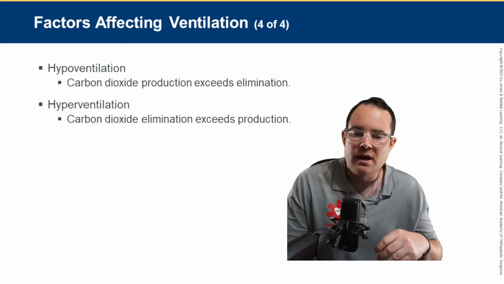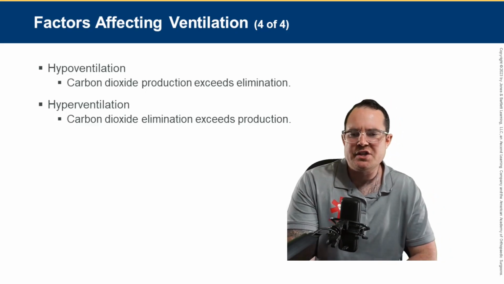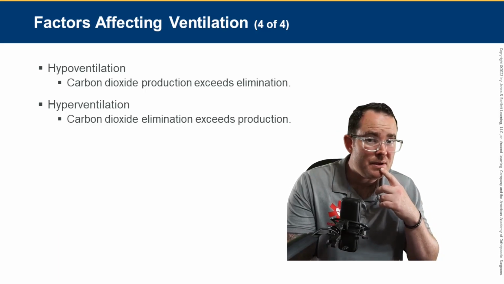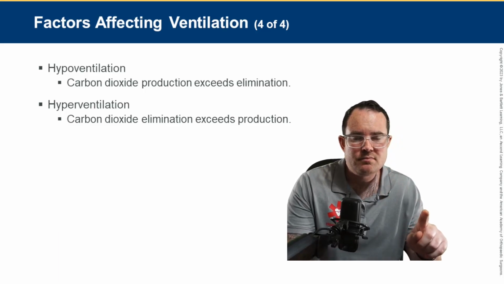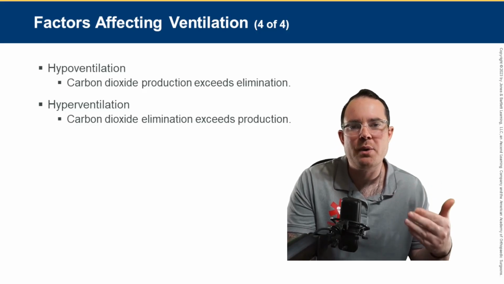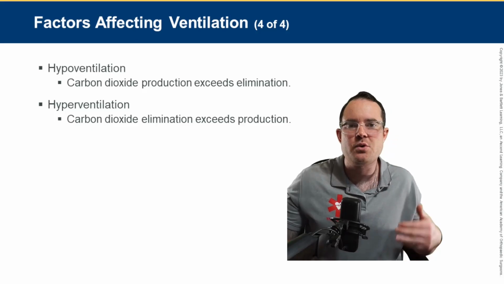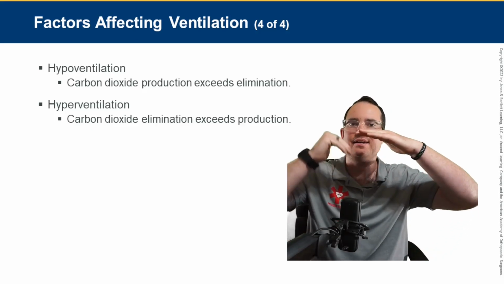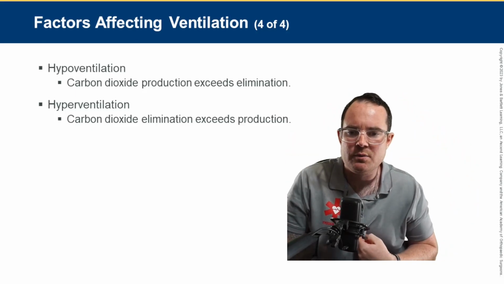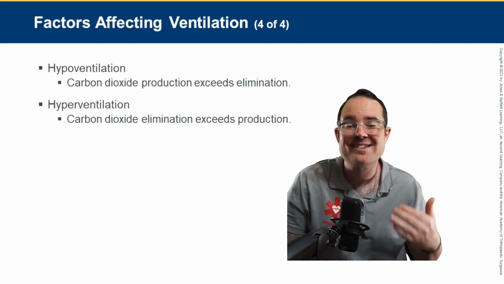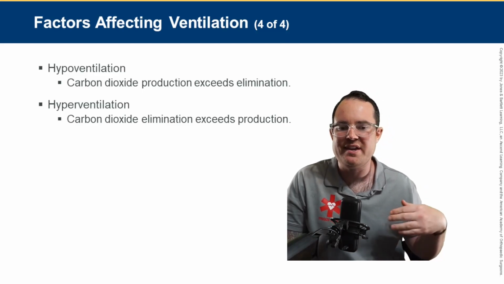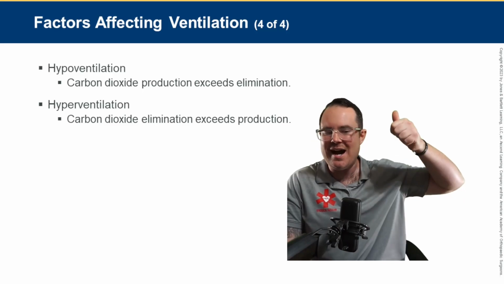We'll get to that. So with hypoventilation, we know that I should be blowing out my CO2. But what happens if my breathing is so inadequate that I'm not getting rid of the CO2? It's just going to keep stacking, stacking, stacking in my body, right? And now my carbon dioxide levels, my end-tidal capnography, is going higher and higher and higher.